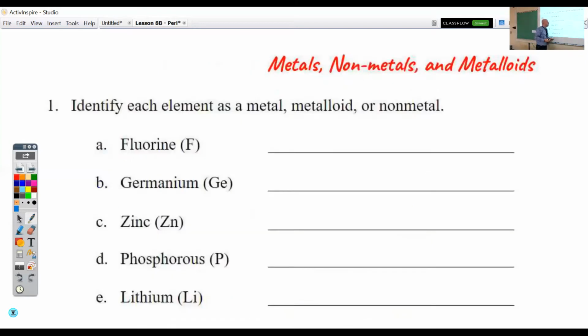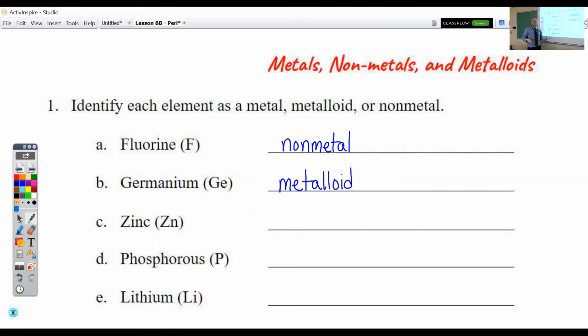Okay, let's take a look at our next slide. So this says identify each element as a metal, a metalloid, or a nonmetal. So you can go back up and look at your colored periodic table, the one that's colored blue, yellow, and green, and you'll find out that fluorine is a nonmetal. Germanium, which is the second one, is an example of a metalloid.